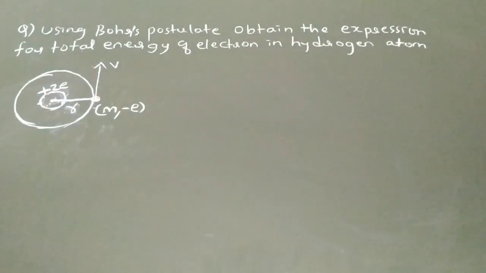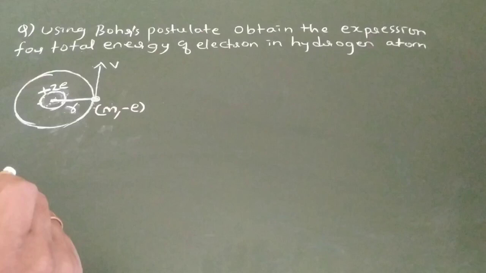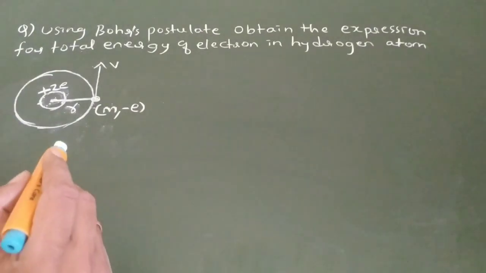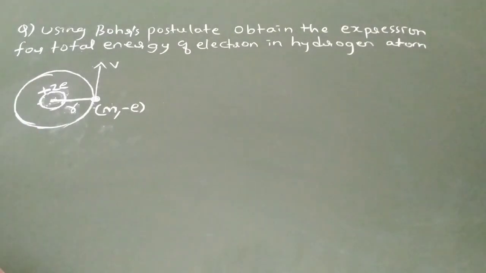It depends on the orbit, so I am going to find the relation between that energy and the nth orbit. First you must know what you mean by total energy of an electron: it is the mechanical energy, the kinetic energy plus the potential energy.